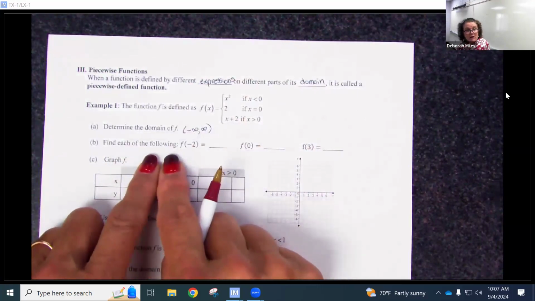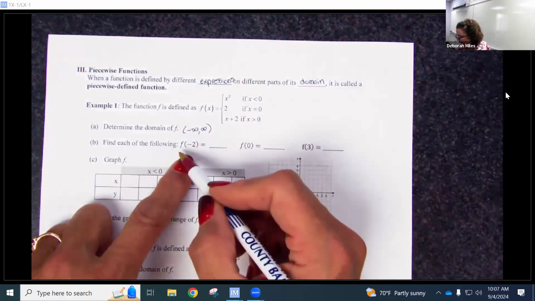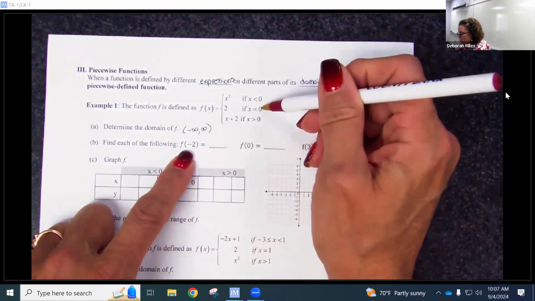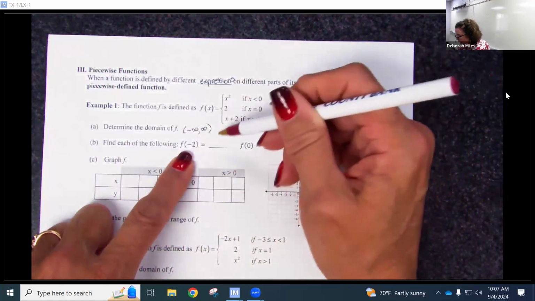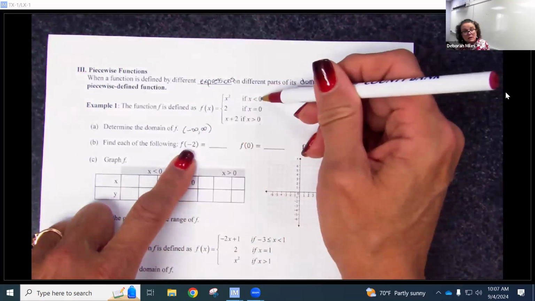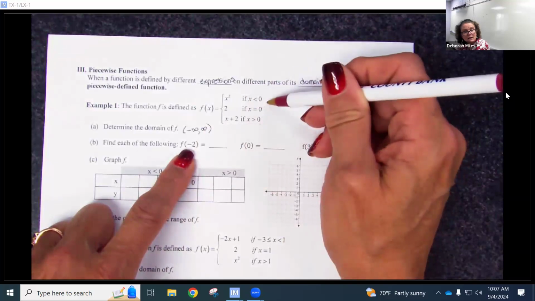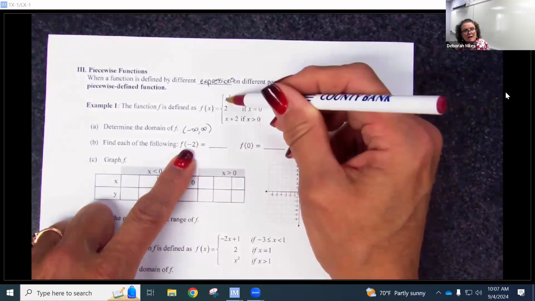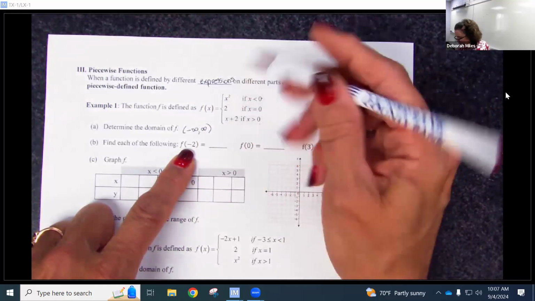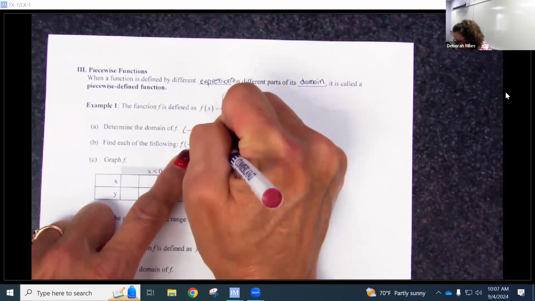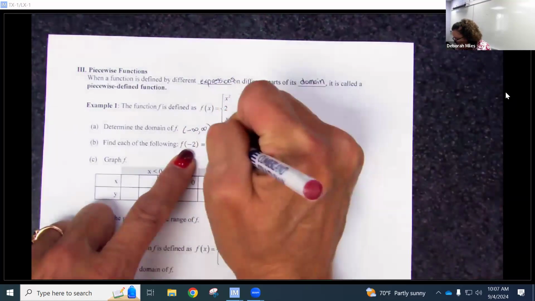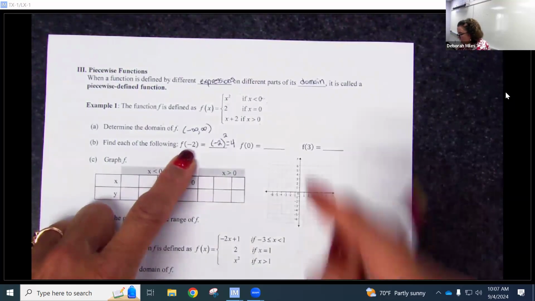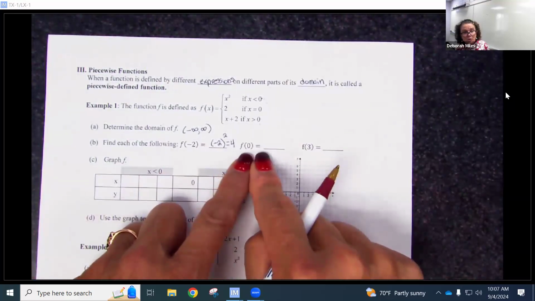Finding some function values. If I want to find f of -2, I look to see which part of the domain that falls into. When x is -2, that's a negative number. And this function says if I put in a negative number, then the y value is that squared. -2 squared, or +4. Find f of 0.